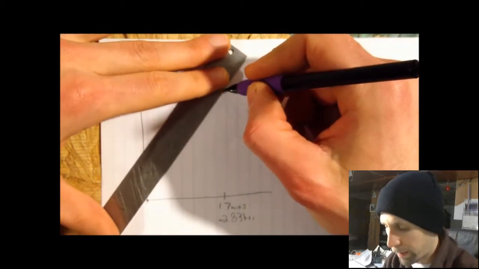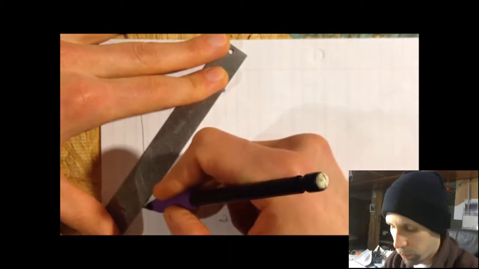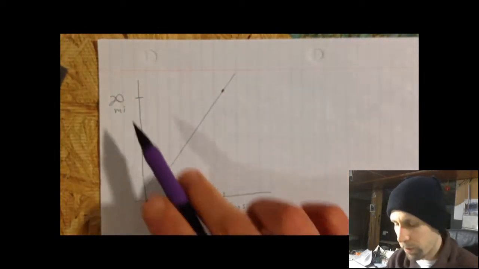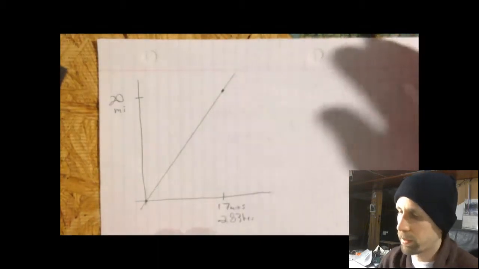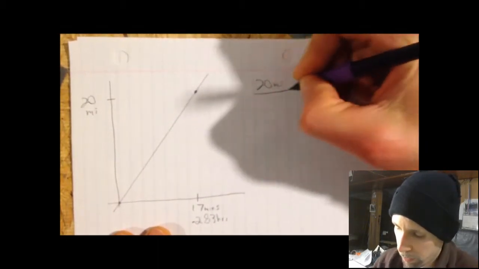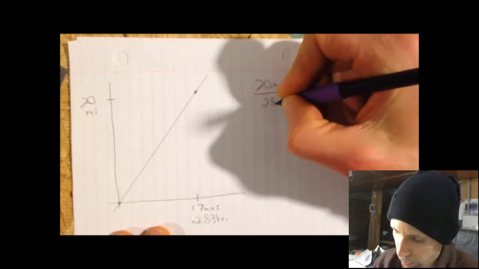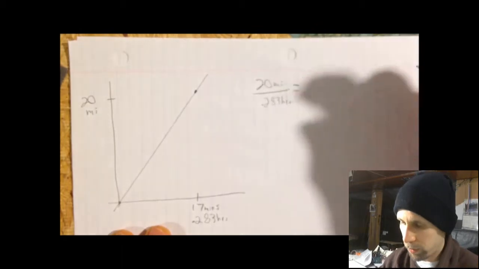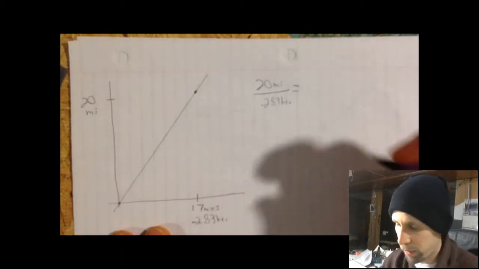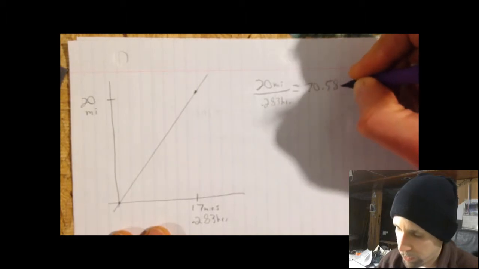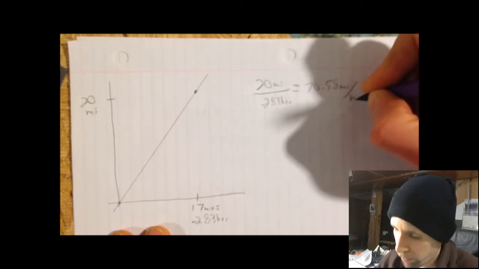Now, we don't know how you got there. All that really matters is the endpoints. If you cover 20 miles in 0.283 hours, that means that your average speed is 70.58-ish miles per hour.